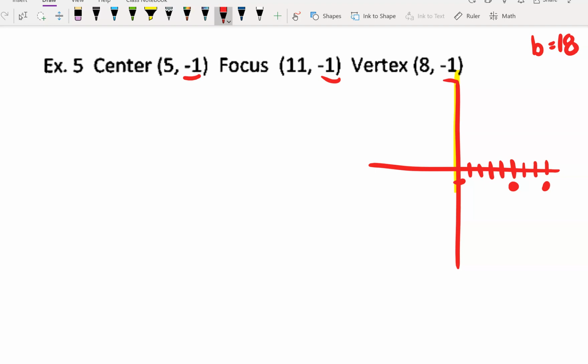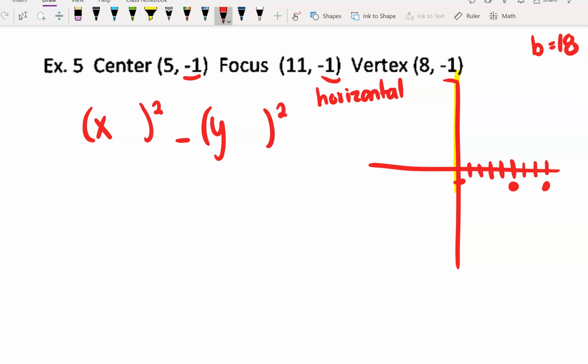So it appears that things are running horizontally. This is going to be horizontal, which means when I write this, my x is going to go first, and y second. But remember, I'm going to have an h and k because the center is not at the origin.